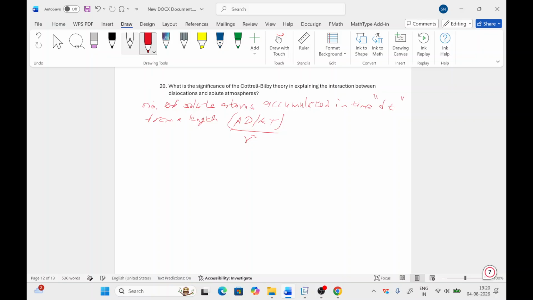R square is the distance from the dislocation core of the atom. This is the dislocation core, and this is at point P. Atom is there. So this distance is r, and this is the theta.